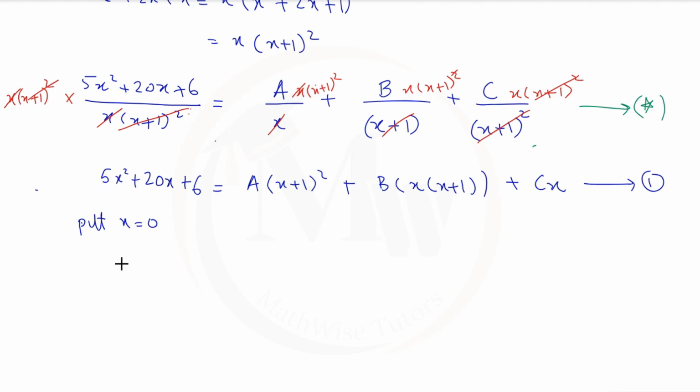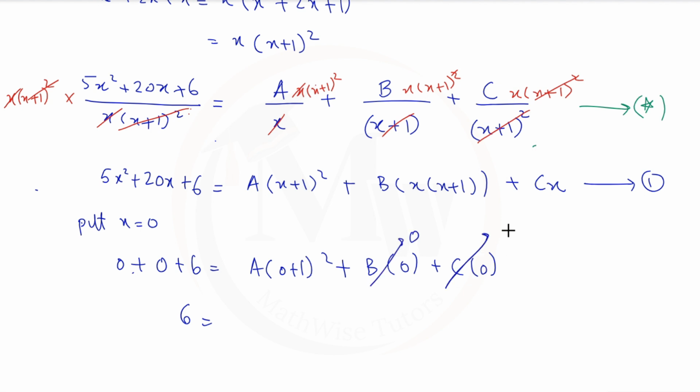So 5 times 0 is 0 plus 20 times 0 is 0 plus 6 equals a times 0 plus 1 square plus b times 0 times 0, the whole term will be 0, plus c times 0. Because x is multiplying, 0 times any term will be 0. Now here 6 is left and this term will become 0, this term will vanish, only the a is left. 0 plus 1 is 1 square, so the value of a is 6. We got a. Now it's time to find b and c.